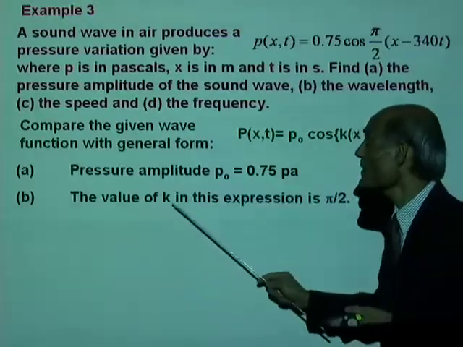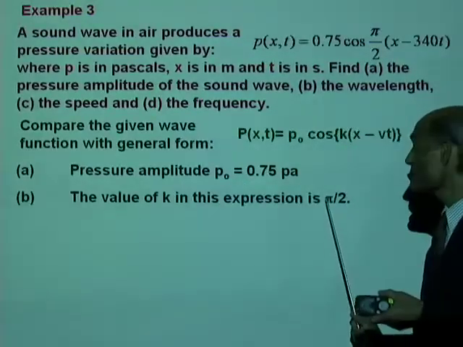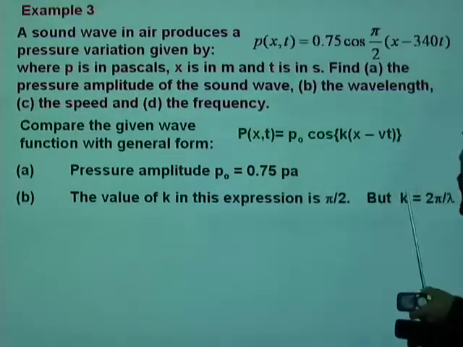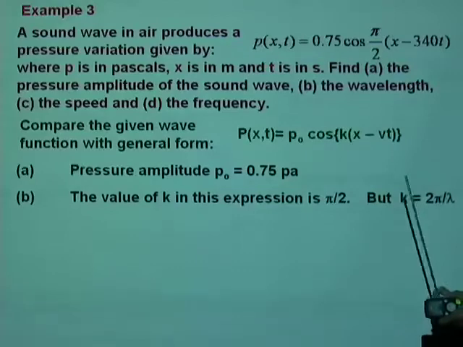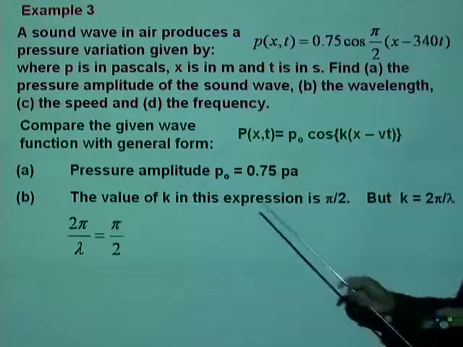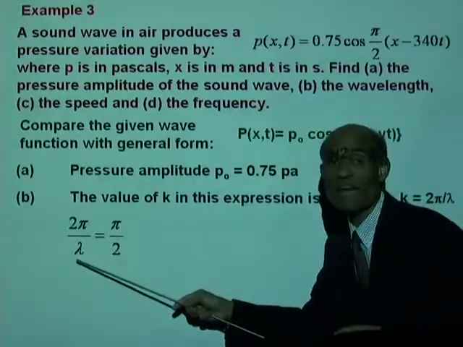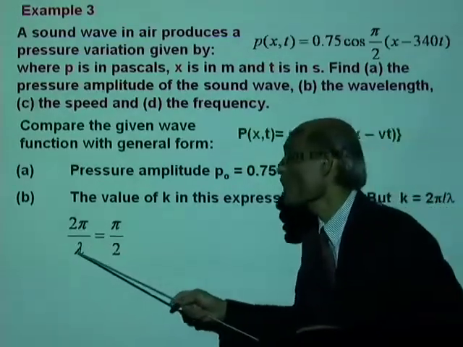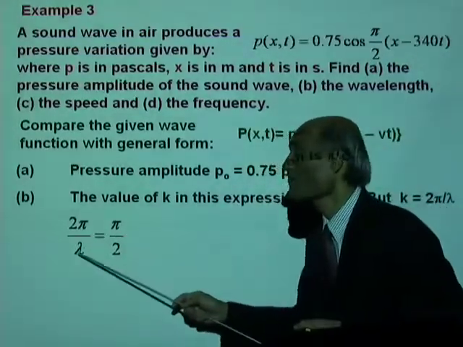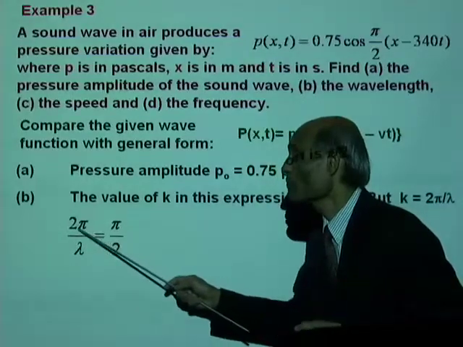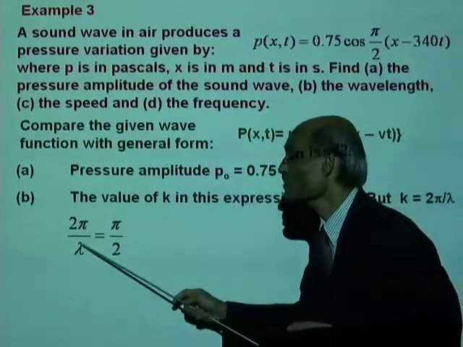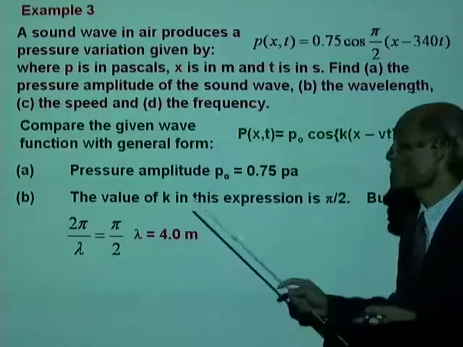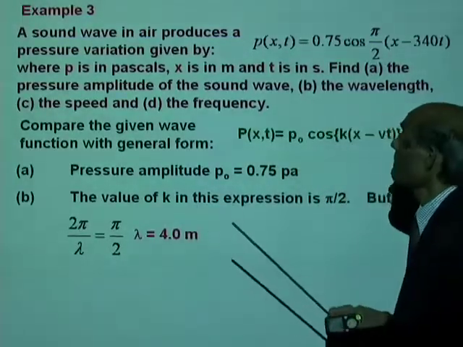The value of k in this expression is pi by 2, but k equal to 2 pi divided by lambda. So we say 2 pi divided by lambda equal to pi by 2. Can you solve for lambda from here? Well, I can tell you from one look, pi and pi cancel, lambda equal to 4 meters. So we obtain the wavelength.